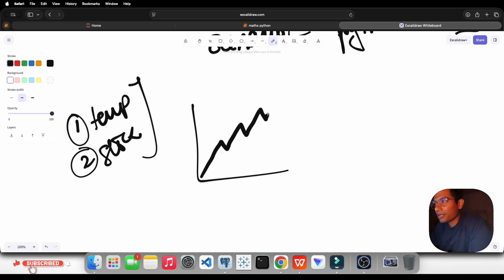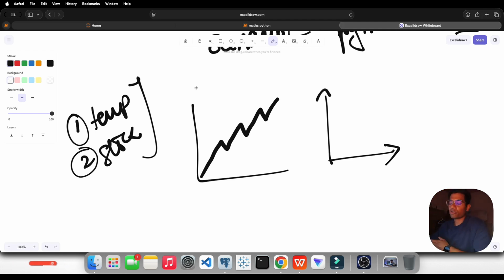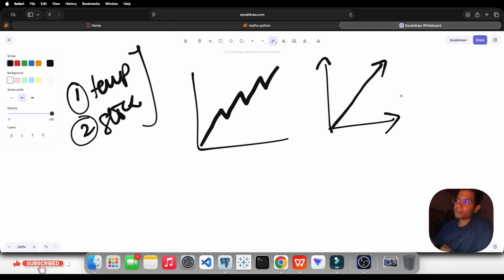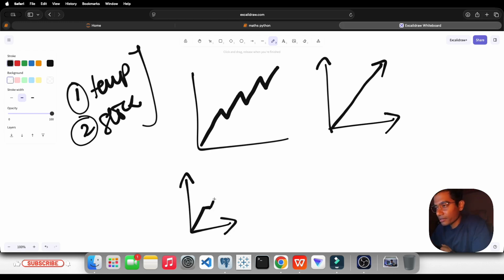Some companies in the stock market go straight up like this. Same for temperature during the summer season: it goes up, then growth, then stagnant, maybe due to rain, then growth, then stagnant, like this.